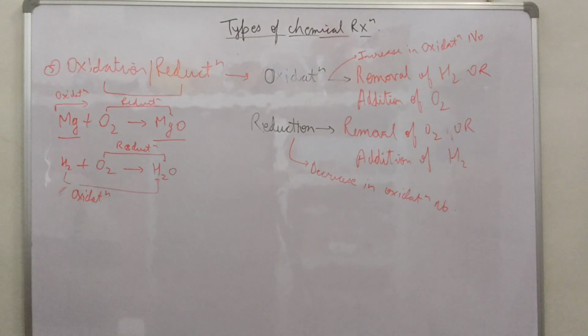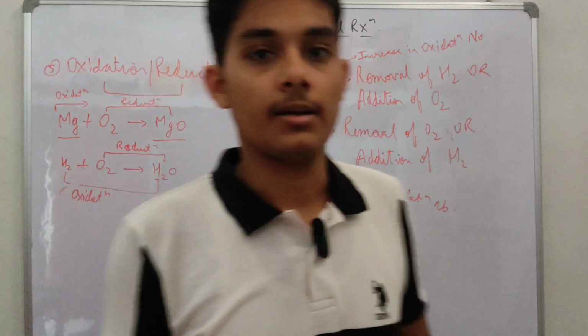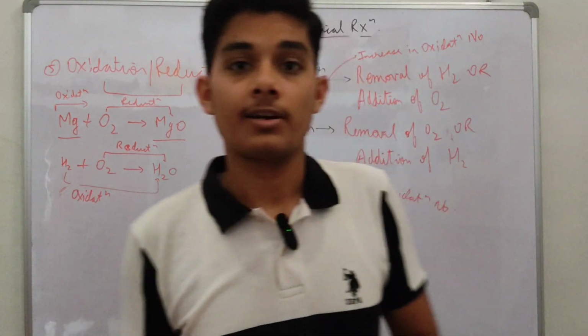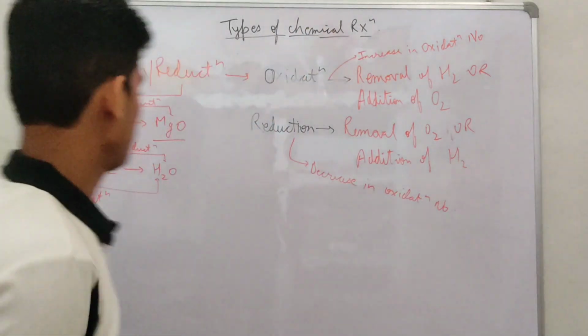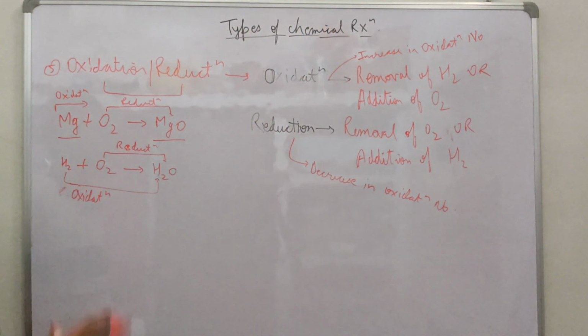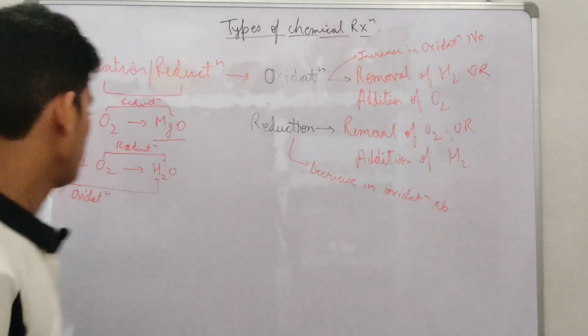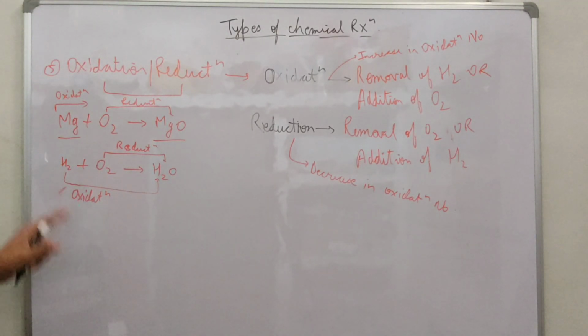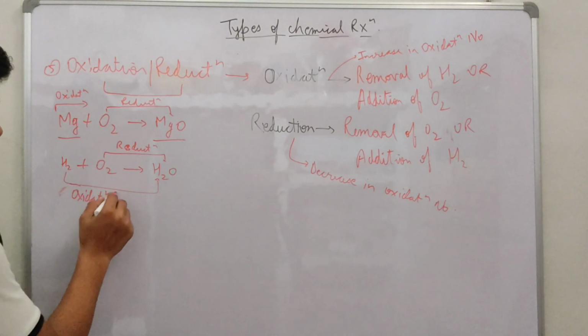Now there are two terms, oxidation and oxidizing agent, similarly reduction and reducing agent. So clearly see here that there is an oxidation of H2. That of which there is oxidation is the reducing agent.